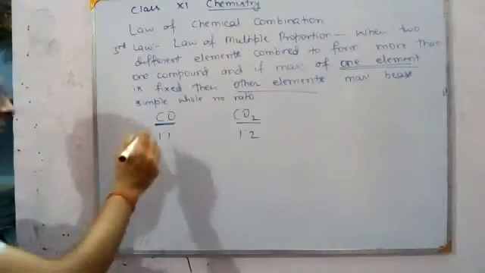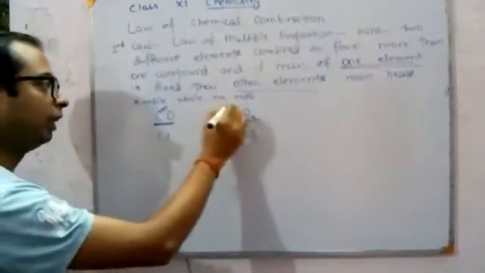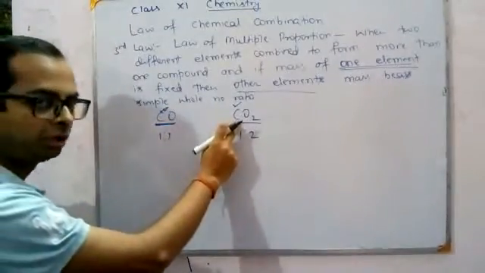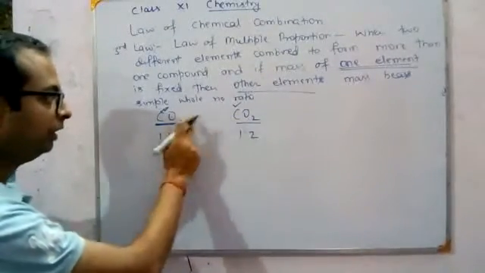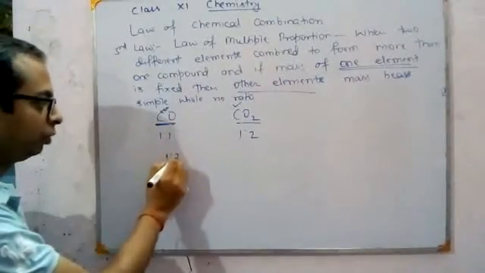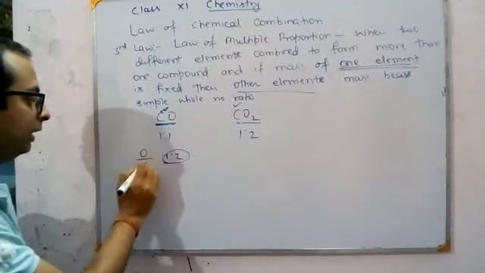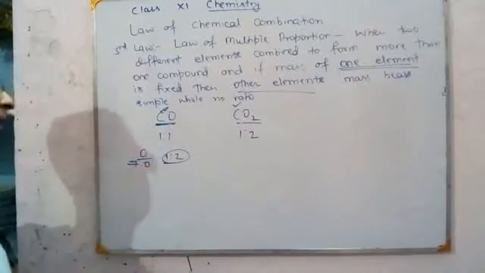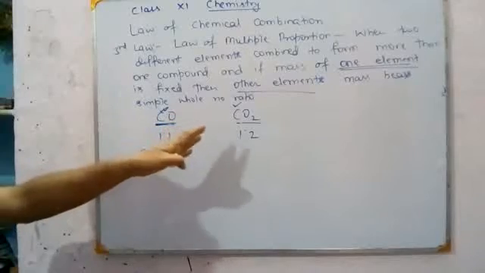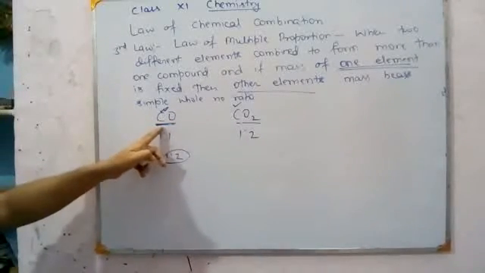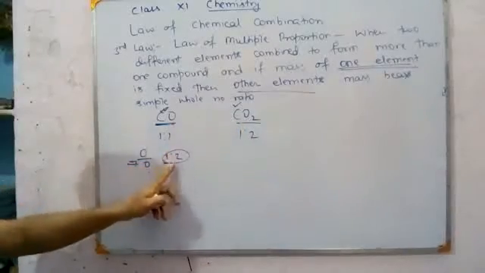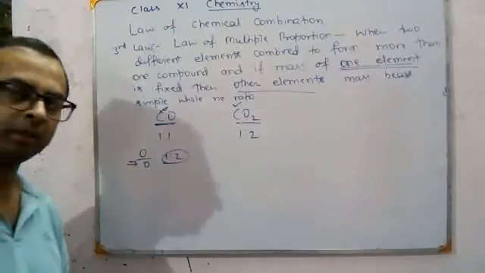Now, what is the value of carbon here? It is 1. Here it is also 1. So if we fix the carbon, what is the ratio of oxygen in these two compounds? It's 1:2. So when oxygen is compared in these two compounds, the ratio of oxygen in carbon monoxide and carbon dioxide is 1:2, right?